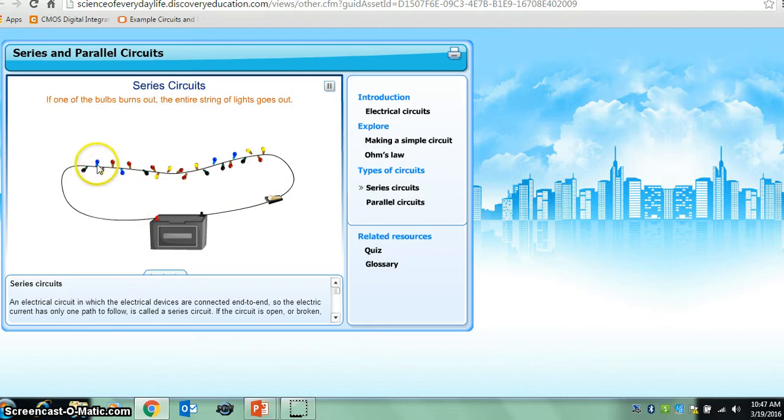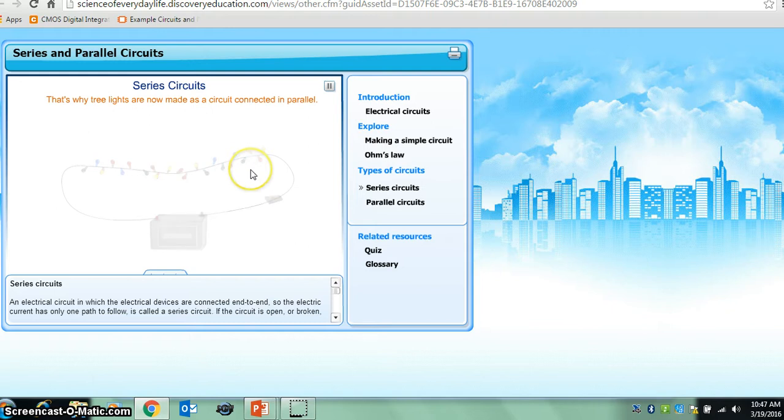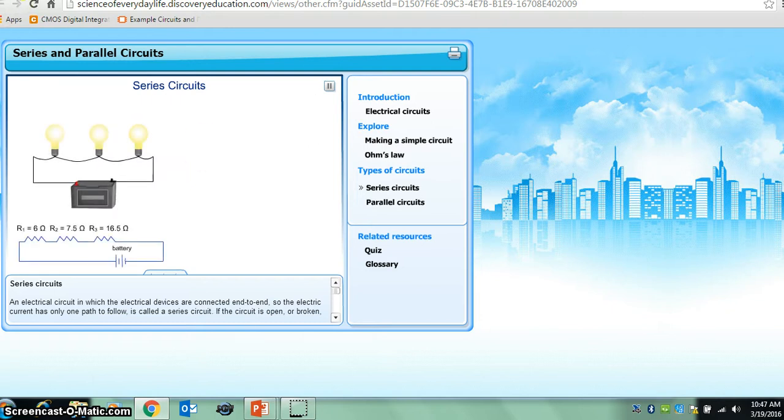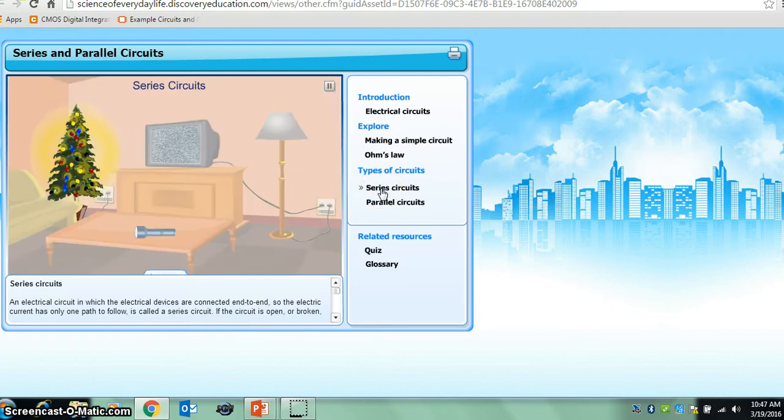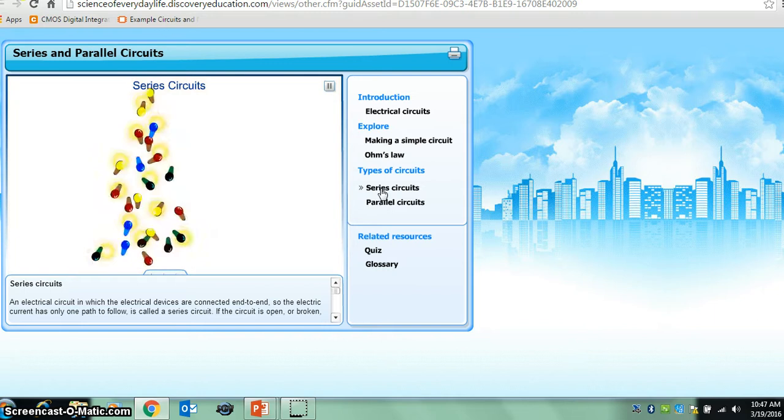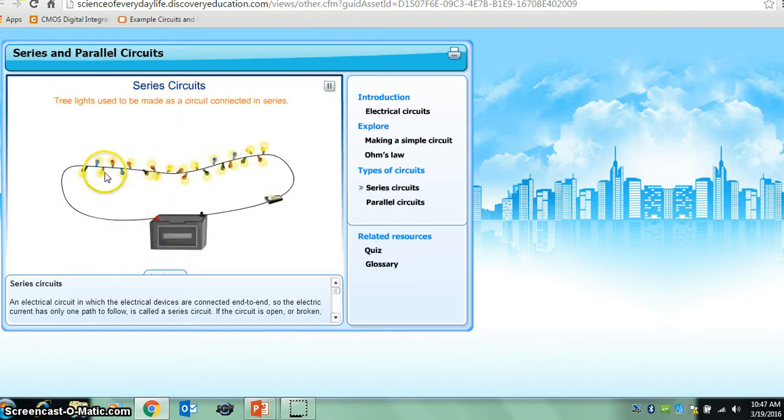And if one of the elements stops working, then the entire branch will stop working. We'll have a look at the series circuit. Here you can see different lamps are connected to the power supply in a series connection. There is only one way for the current to flow. If one of the lamps burns out or fails to operate, all the other bulbs fail.